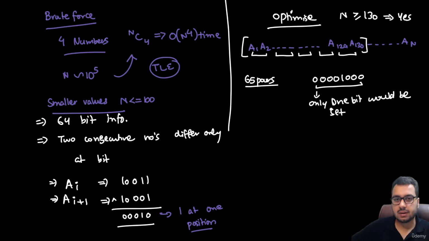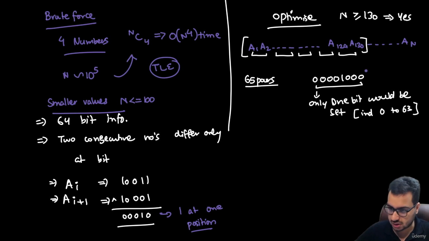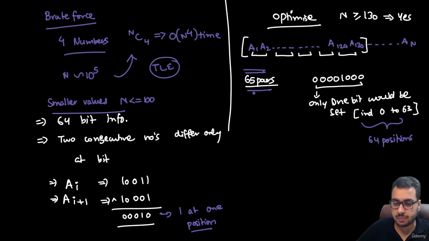Now this one bit can occupy a position in the range 0 to 63, so it can be indexed from 0 to 63. But how many pairs do we have? Basically we only have 64 positions, but we have 65 pairs.